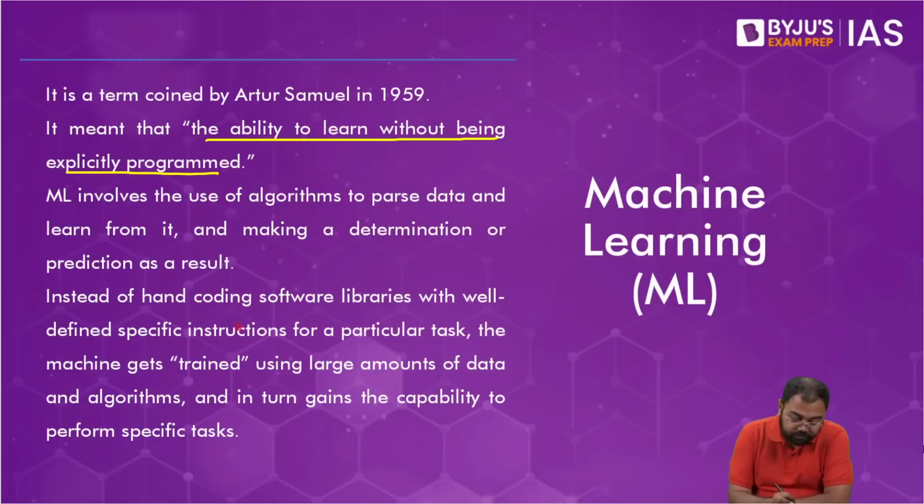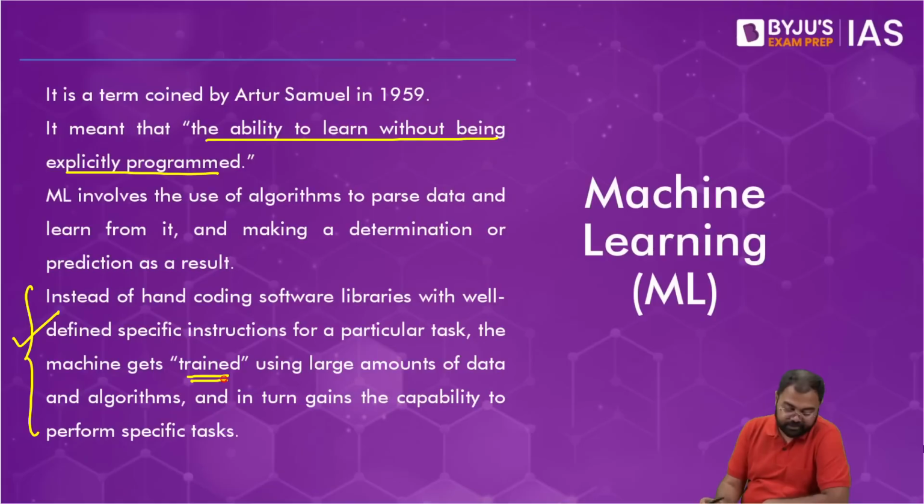Instead of hand coding software libraries with well defined specific instructions for a particular task, the machine gets trained using large amounts of data and algorithms, and in turn gains the capability to perform specific tasks.